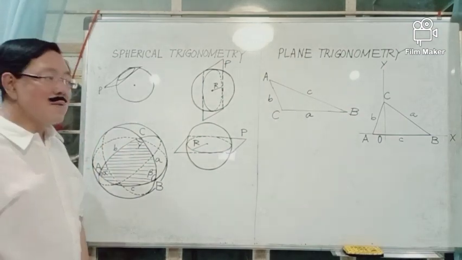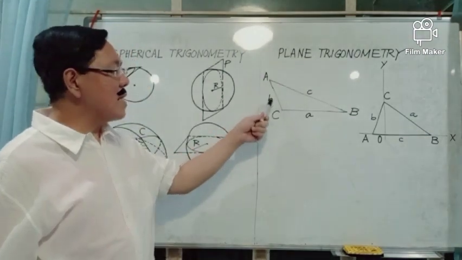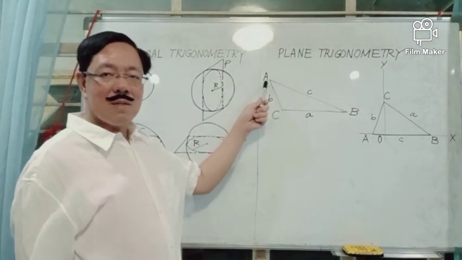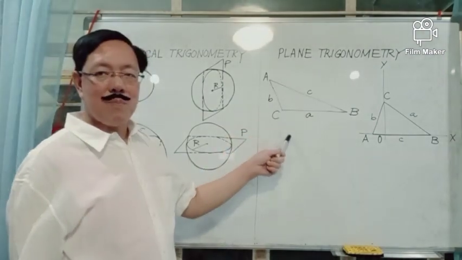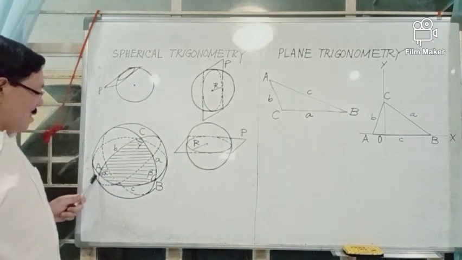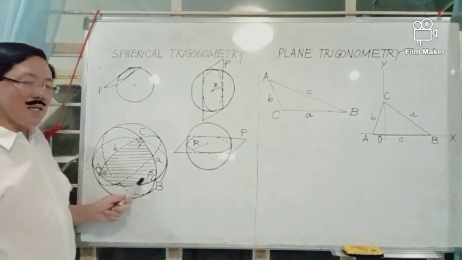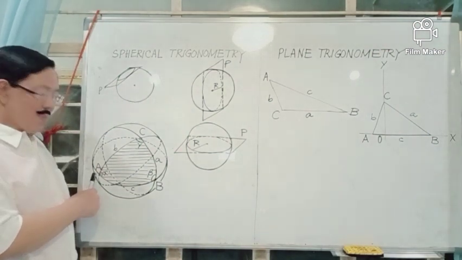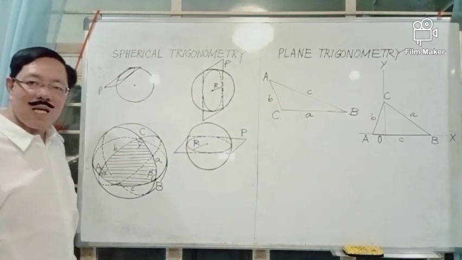As we said earlier, in plane trigonometry, the triangles are bounded by line segments. A line segment is a part of a line with two endpoints. But in spherical trigonometry, a spherical triangle, such as this spherical triangle with vertices A, B, and C, is not bounded by line segments.